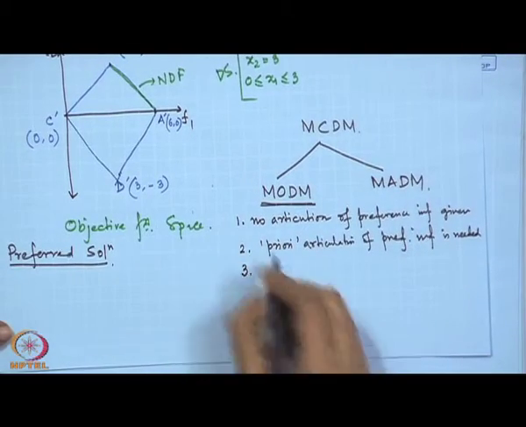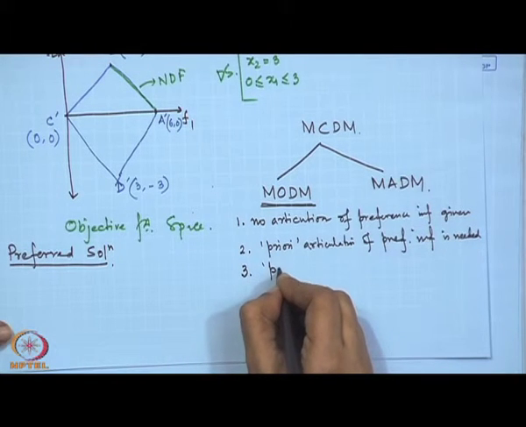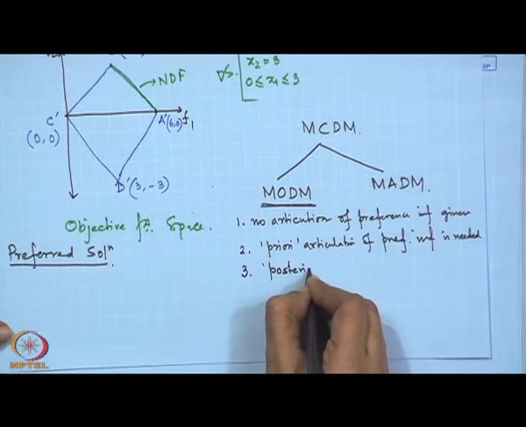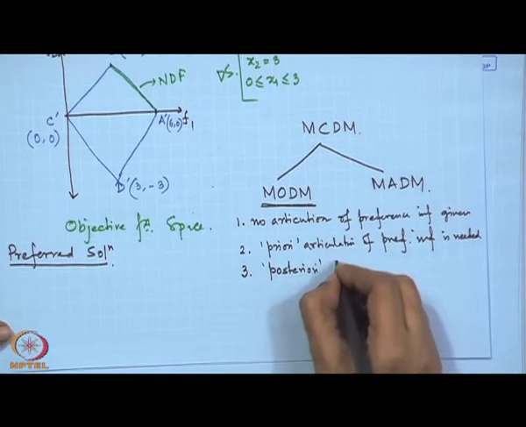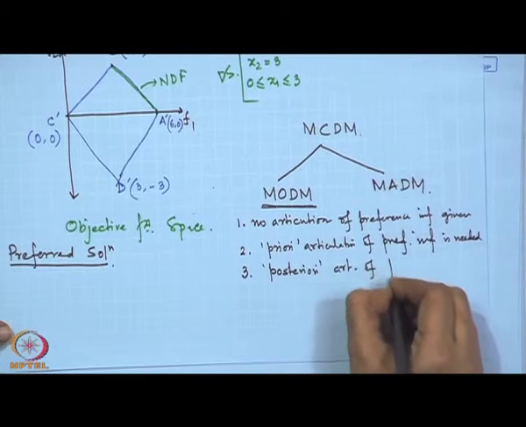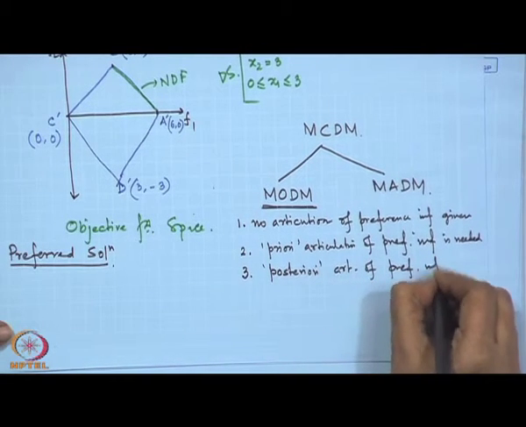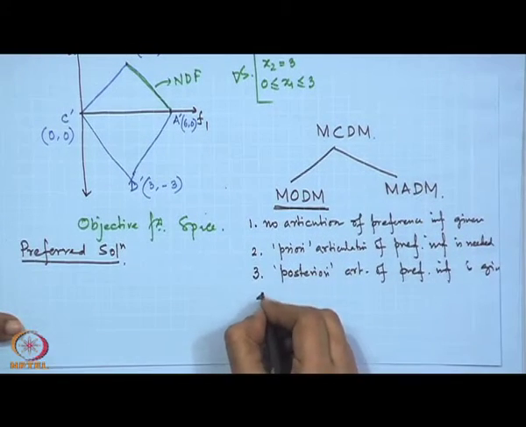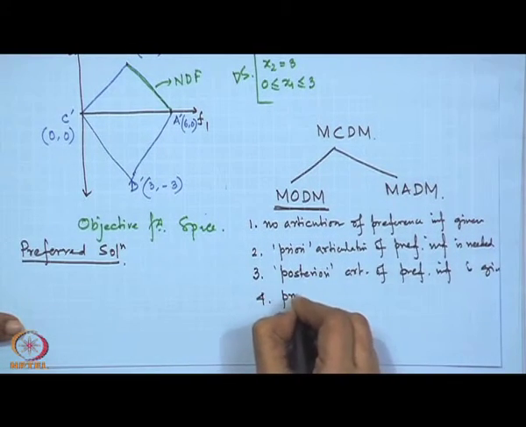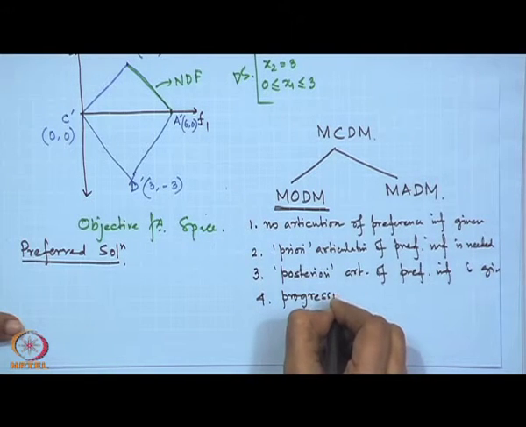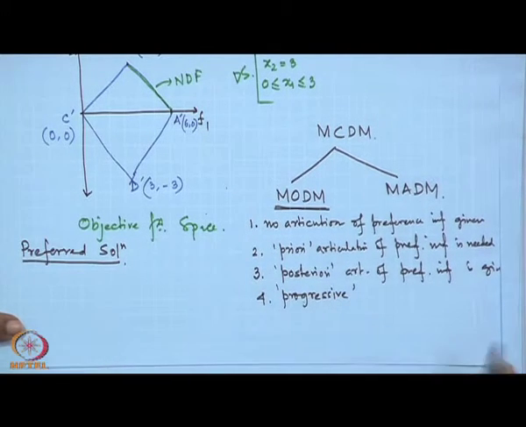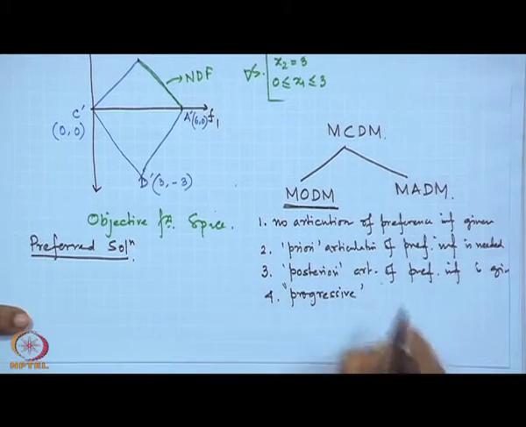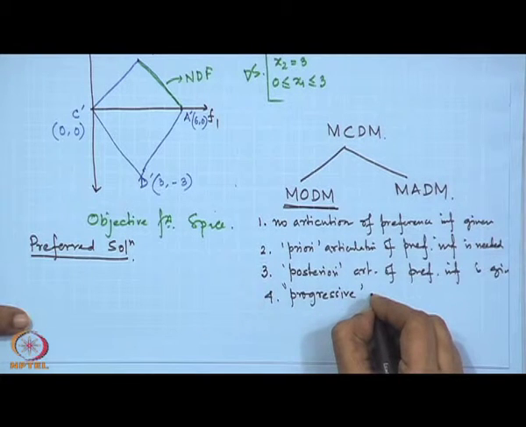And the third type is the posteriori articulation of preference information given, and the next is the most popular technique nowadays, since the decision making process will generate a better solution if we have progressive information.